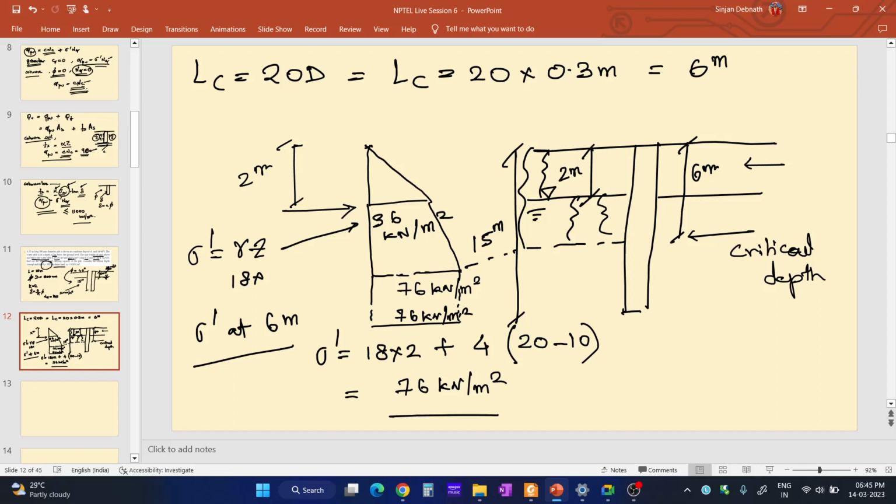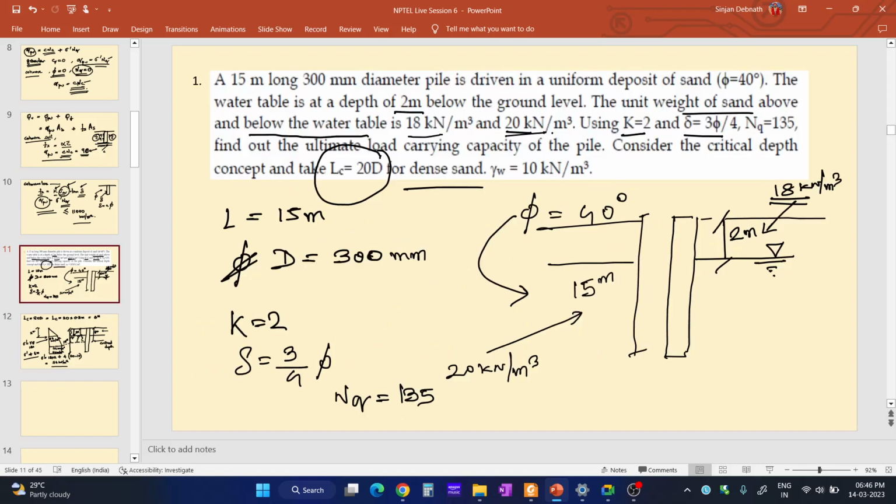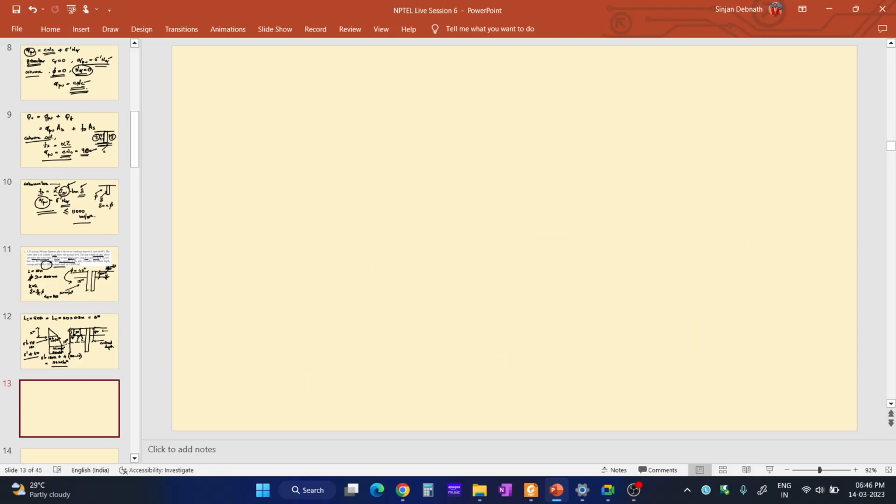Okay, so now let me use all these things to find out the ultimate bearing capacity of the pile, which has been asked in the question. So K is equal to 2. In this question, the lateral earth pressure coefficient is mentioned, and delta is also mentioned, which is 3/4 of the frictional angle.